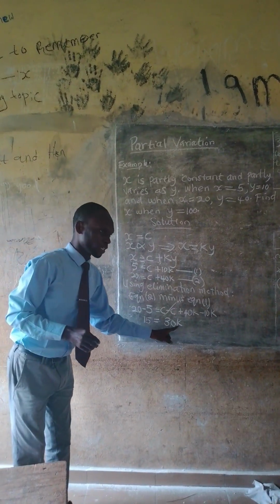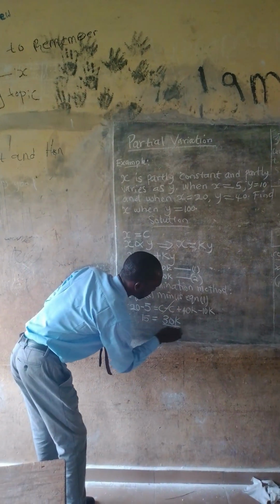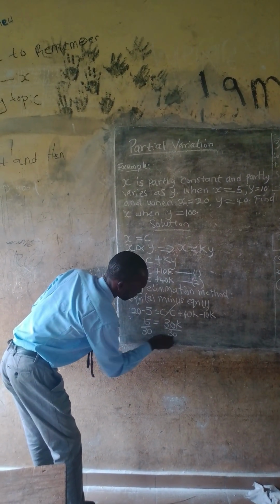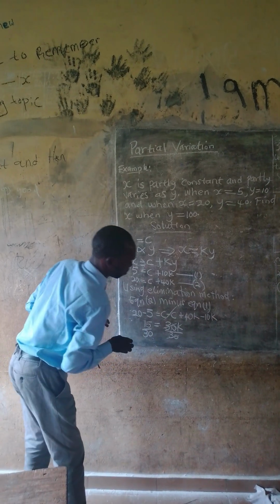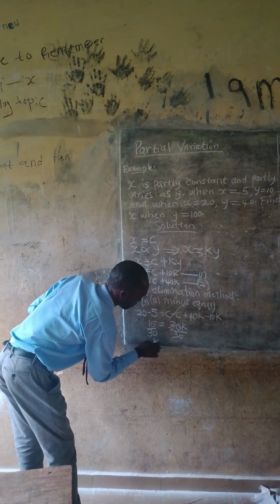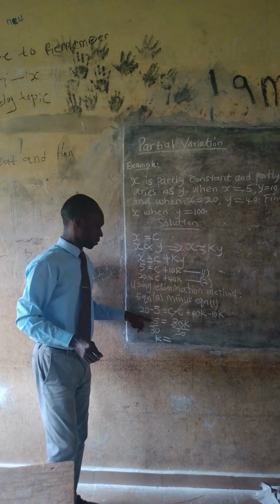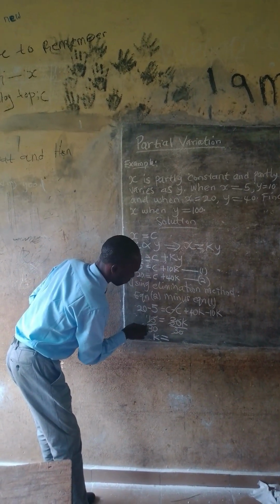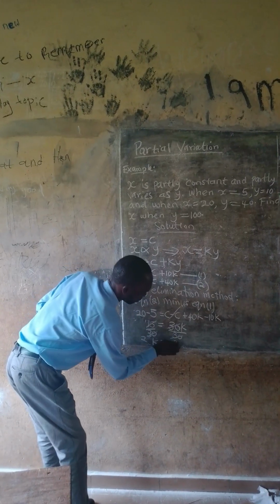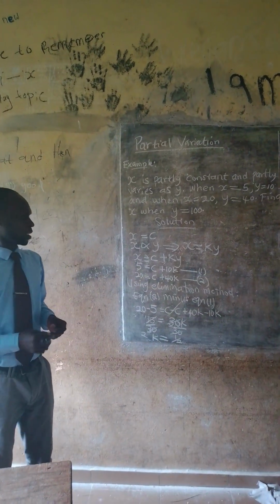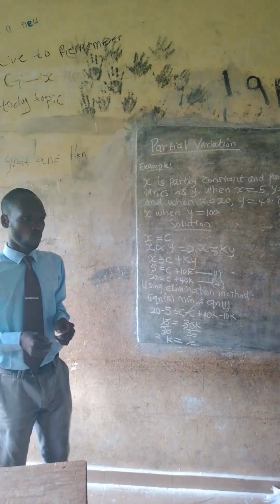For us to get k, divide by 30, divide by 30, 30 will go away, remaining k. Then 15 can go to itself 1 and goes here 2. So the answer will be half. So it means that k is 1 over 2.